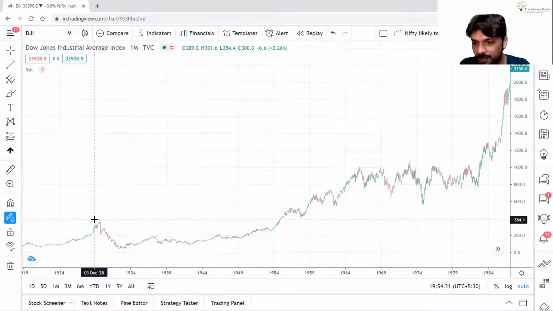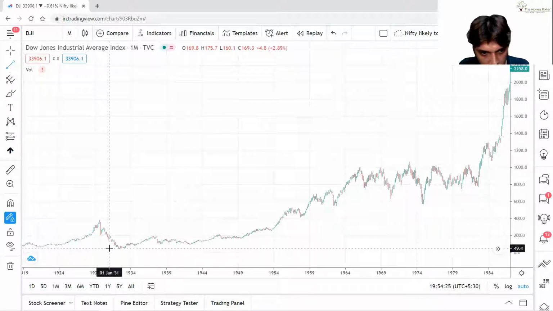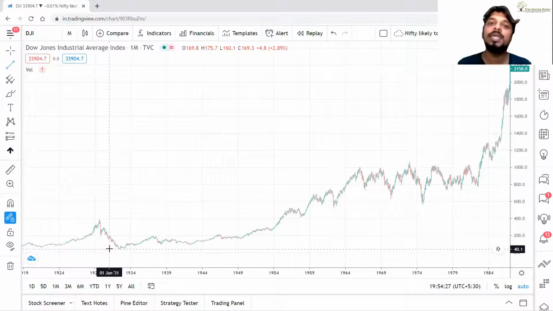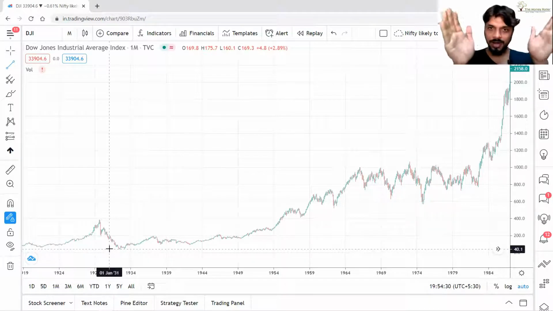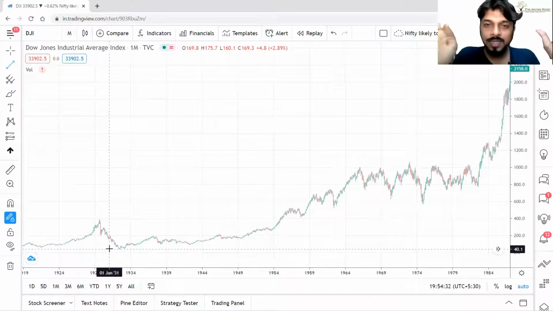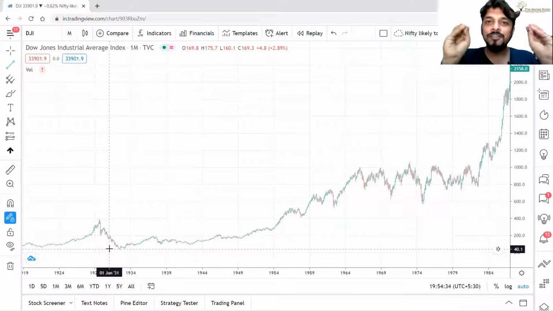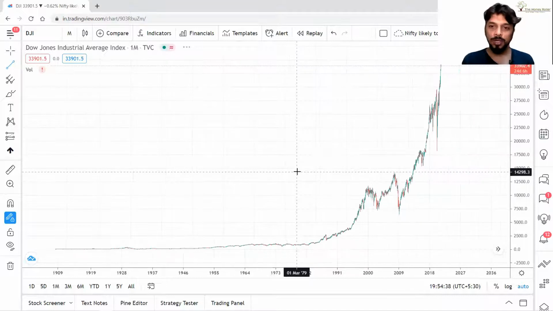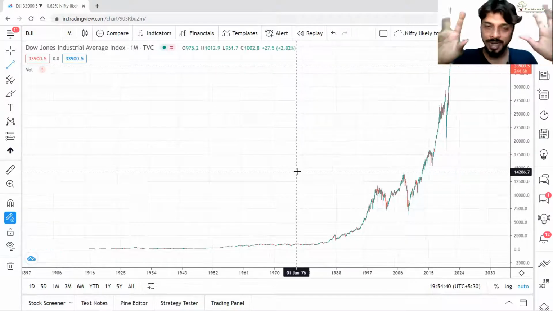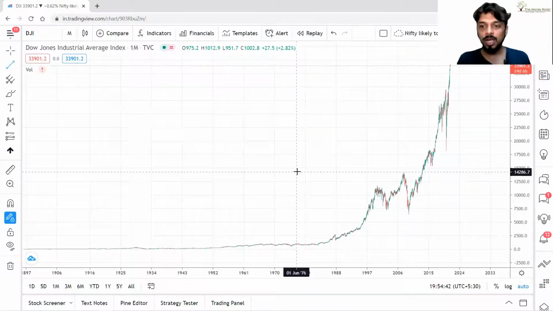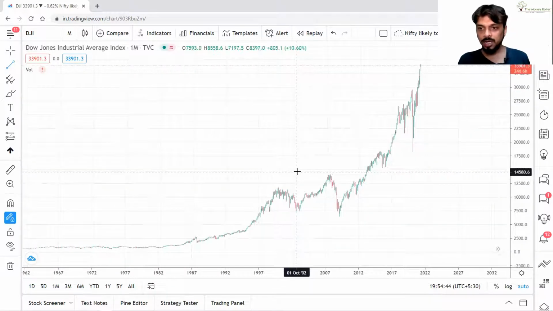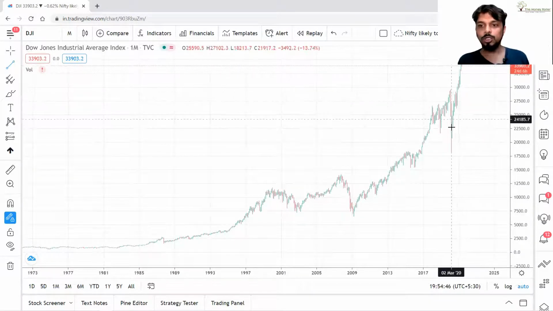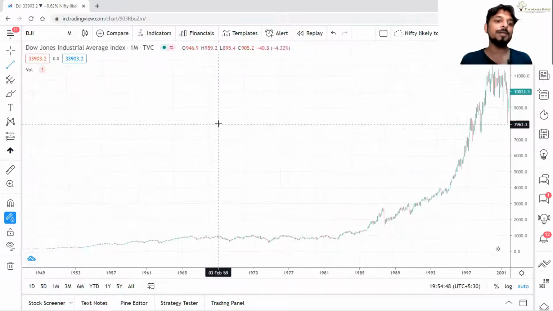At that time, it fell from 384 till 40. 384 to 40. That means almost an 85% fall. Okay. My numbers may be wrong here and there, but the ballpark figure is correct. Almost an 85% fall. But here, this 40% fall looks bigger than this 85% fall.